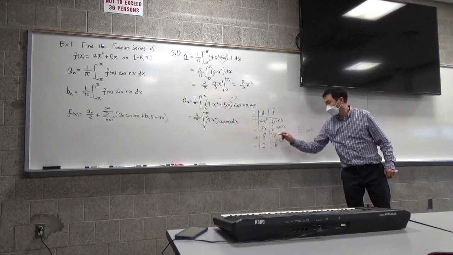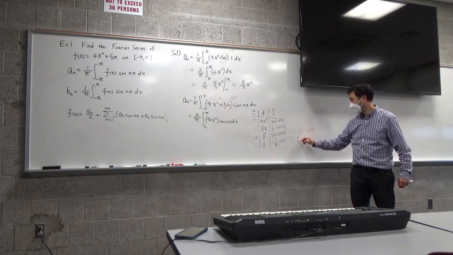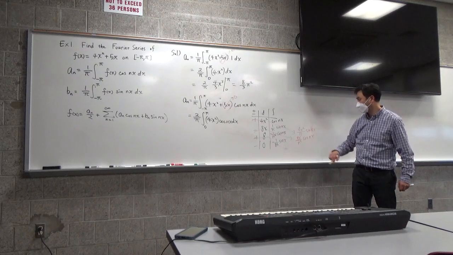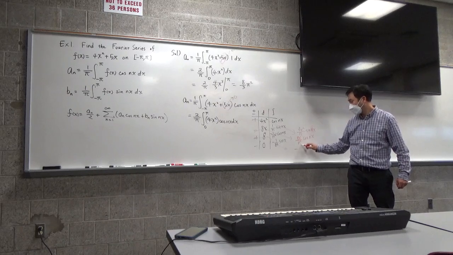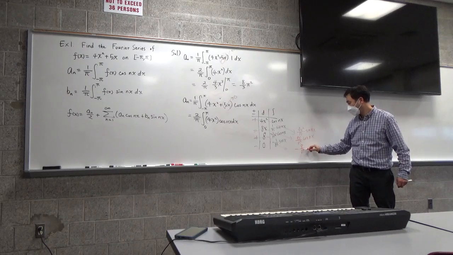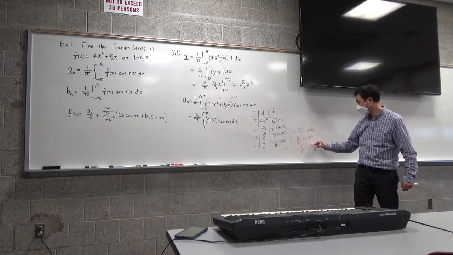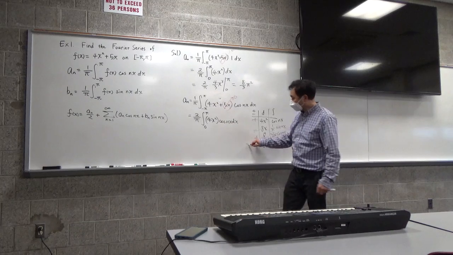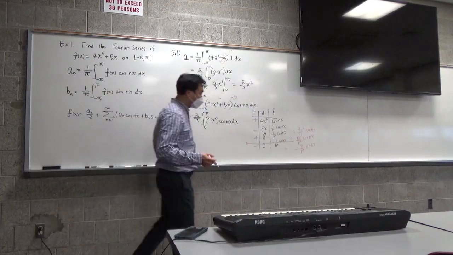And negative times negative is positive, so you have 8x over n squared cosine nx. And then positive times negative, that's negative, and you have 8 over n cubed sine, why did I put sine x? It should be sine nx. Okay, and then the last line has to be multiplied and integrated, but in our case it's 0, so there's nothing coming out from the last line.